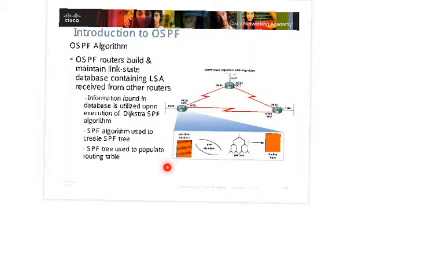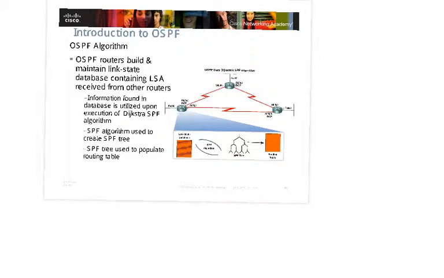We put it in the link state table. We make sure it's synchronized with all the other routers, and then we run the Dijkstra algorithm, or the OSPF algorithm, once against the link state table. Okay, we form the shortest path first tree.